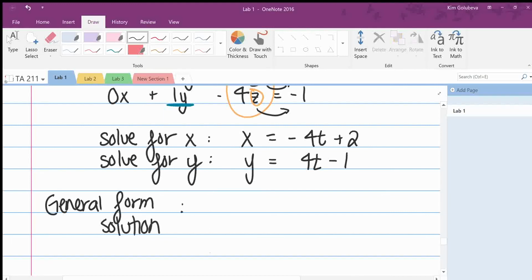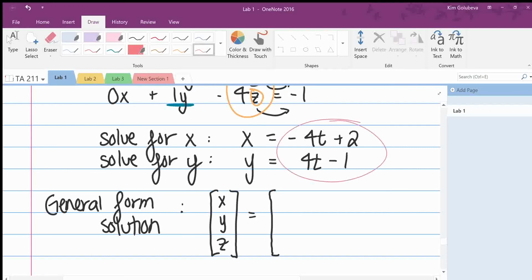You're going to want to write your x, y, and z in a 3x1 matrix, and you're going to write beside it essentially exactly what we have here. So you're going to write x equals 2 minus 4t, y equals 4t minus 1, and z equals t.